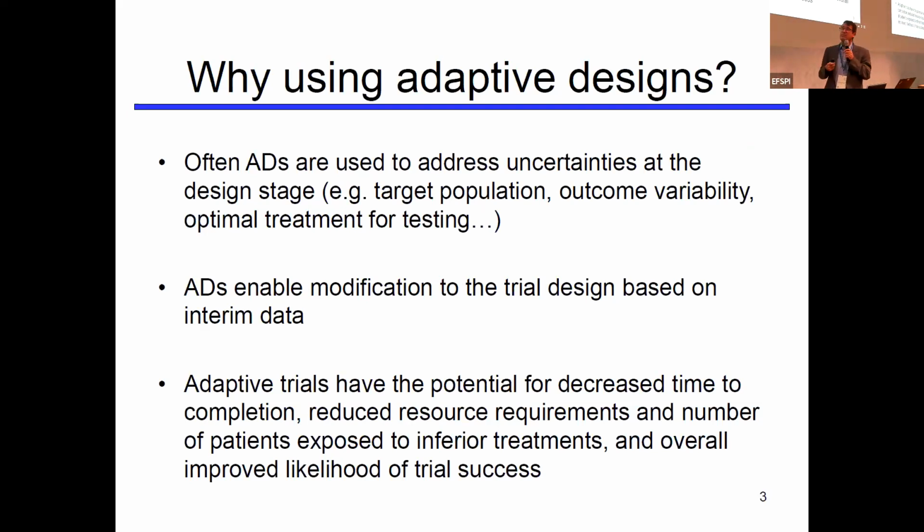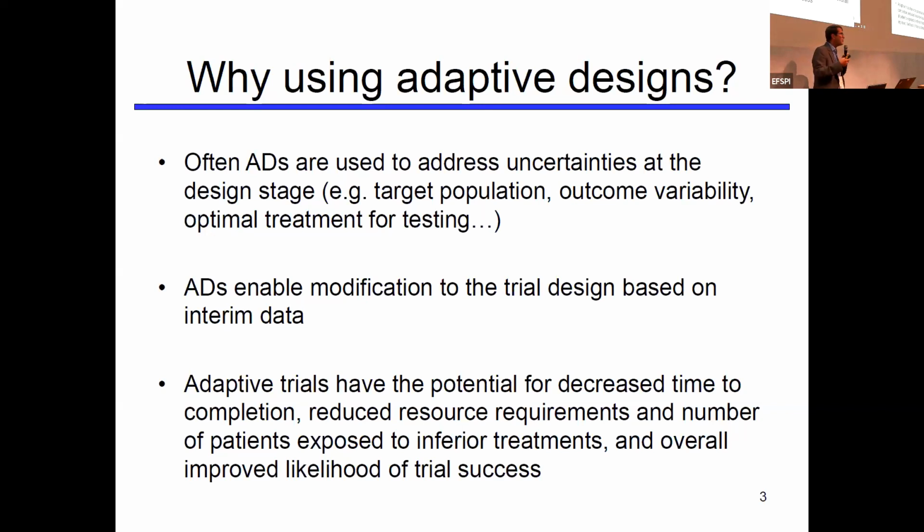Why use adaptive designs? I think most of us are pretty familiar with this. They can address uncertainties at the design stage when you plan a trial, on the target population, outcome variability, on the size of the trial. And adaptive designs enable, in principle, modifications of the trial design during the study.